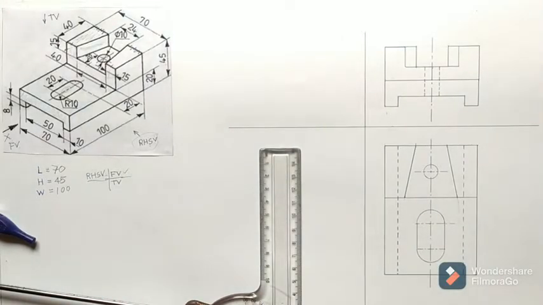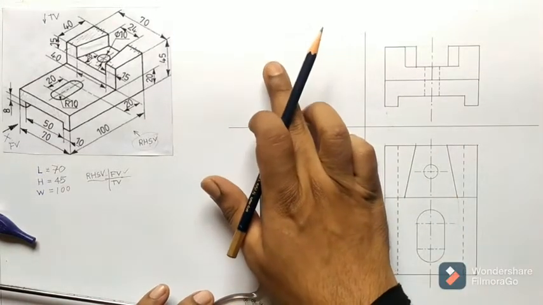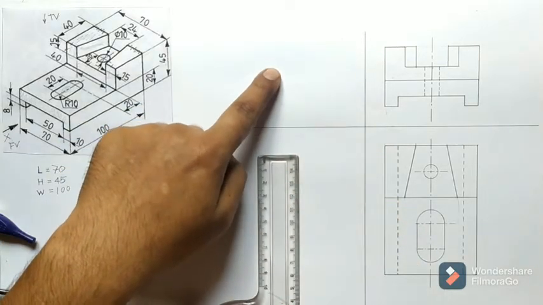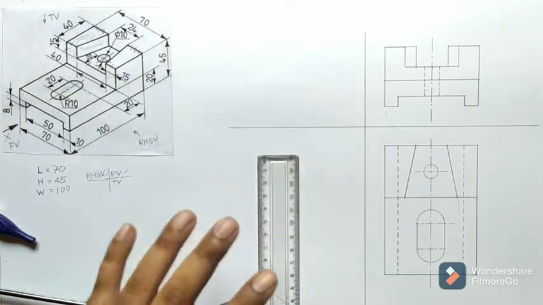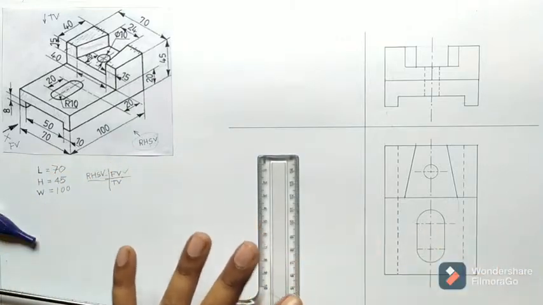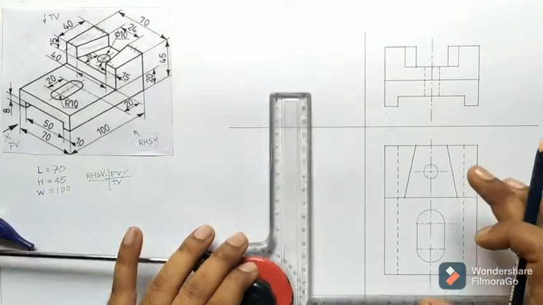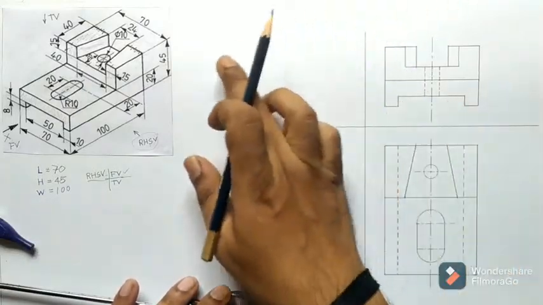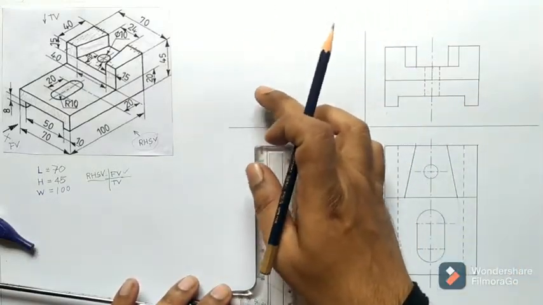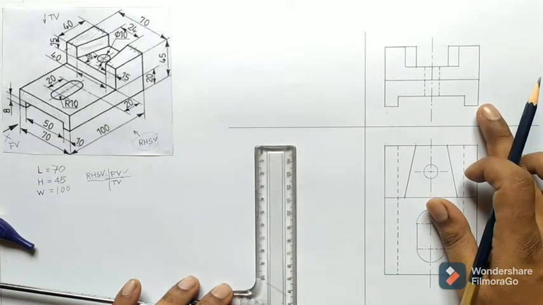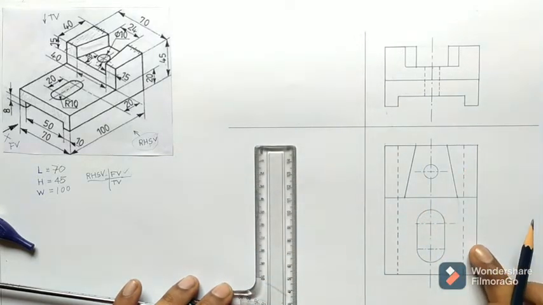Okay, now I need to form here the right hand side view. So for that I need not to mention any dimensions. Only with the help of projections we will complete the right hand side view. But before that we are going to complete the dimensions of the front view and top view.